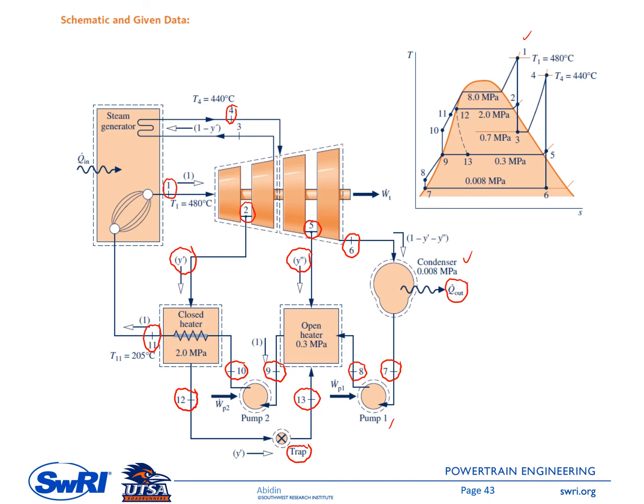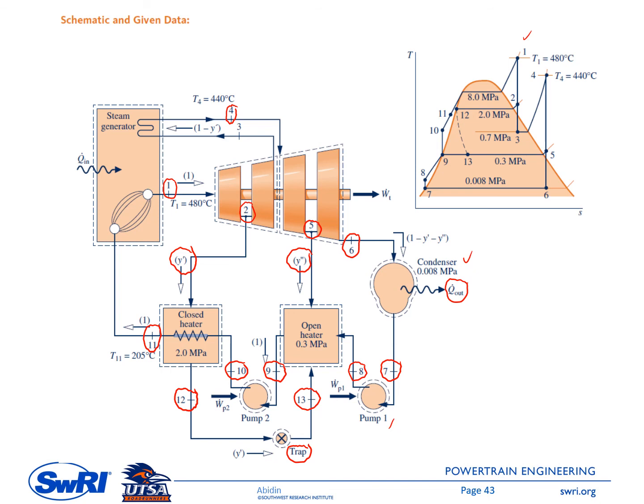And you can see in the TS diagram that the line connecting point 3 and point 4 is a constant pressure line. And then at point 4, the temperature is given, 440 degrees C. And then you can check easily that at this 0.7 megapascal and 440 degrees C, the state of the working fluid is superheated condition. And then from state number 4 to state number 5, the entropy stays the same. You see there the straight vertical line connecting these 2 points.